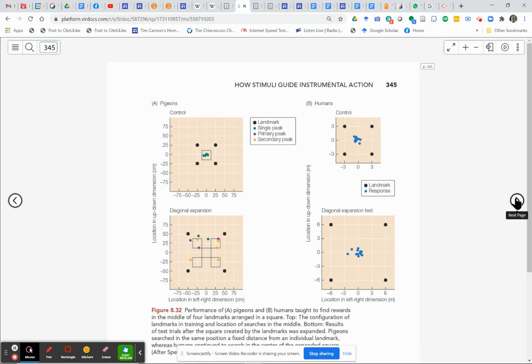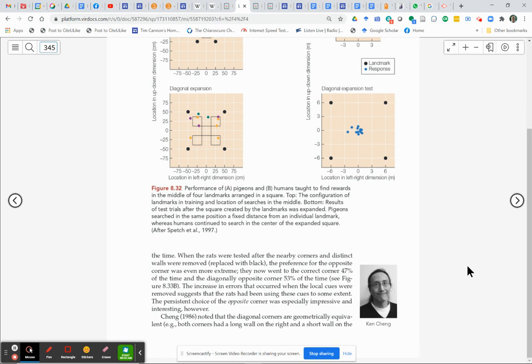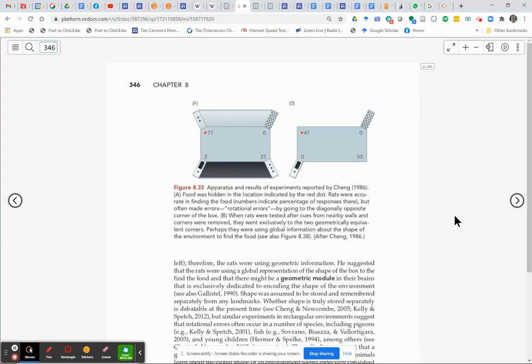So, landmark, single peak, primary peak, secondary peak. And humans are quite good at this on average, and Ken looks pretty cool. And now a discussion of the design of the test environment.